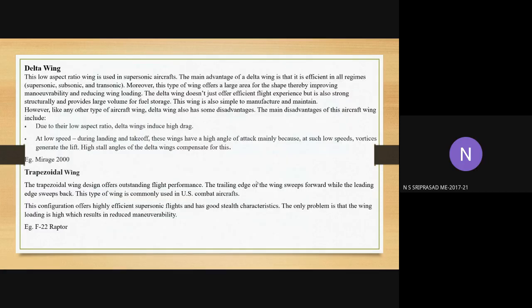Can someone please tell me an example of the delta wing? I'm sure you've heard of it. Which Indian fighter jet has a delta wing? There are actually 3 current planes, so you can tell me one at least. Anyone? Let me pick out names. Jitin, are you here?